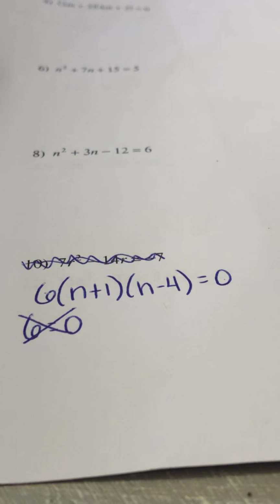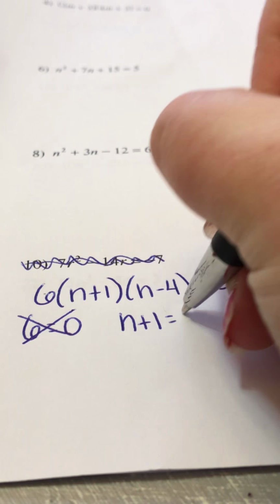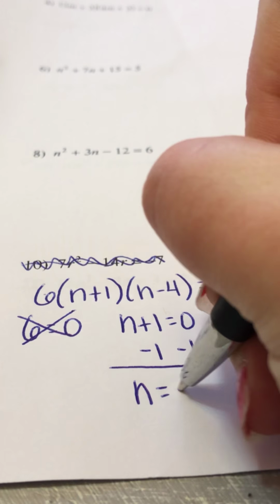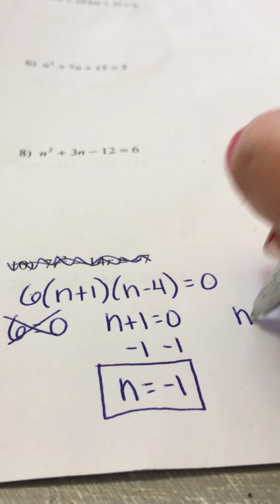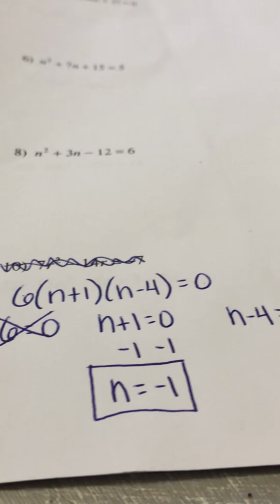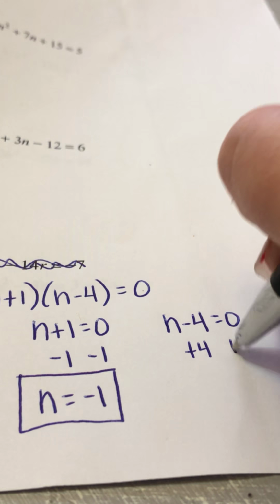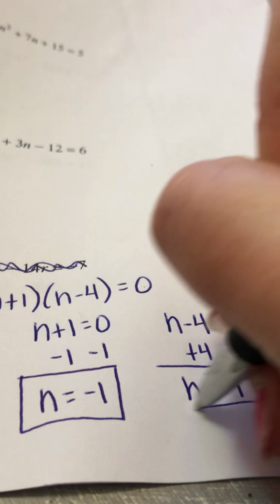No. So eliminate that. n plus 1 equals 0. Subtract 1 from both sides, and I get n equals -1. n minus 4 equals 0. Add 4 to both sides, and I get n equals 4.